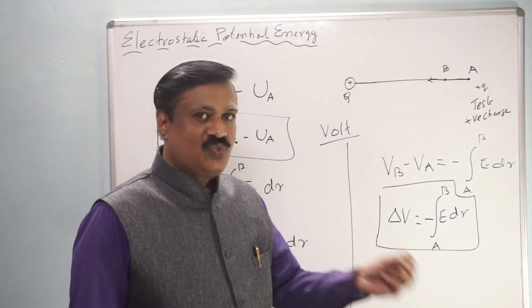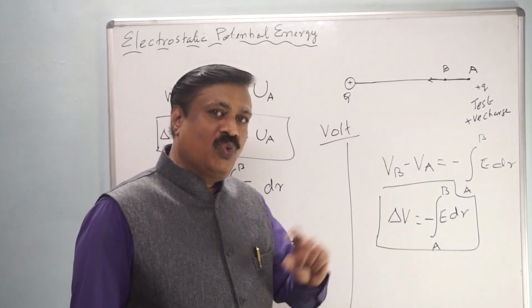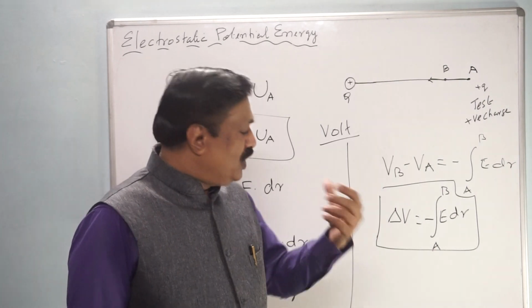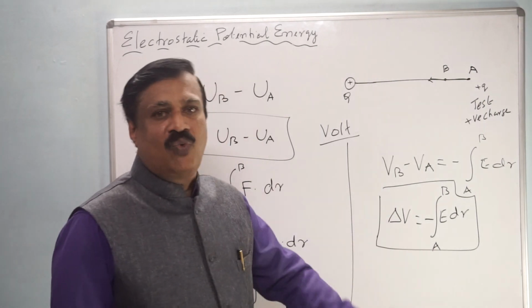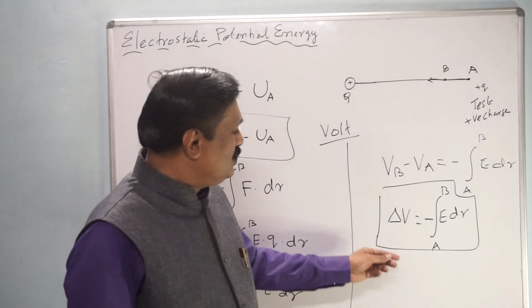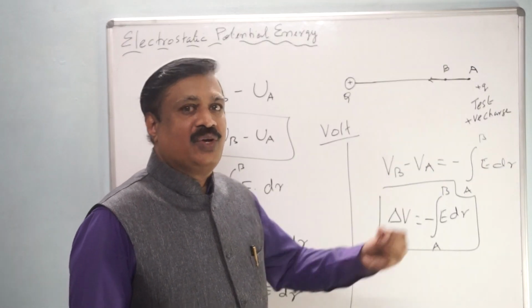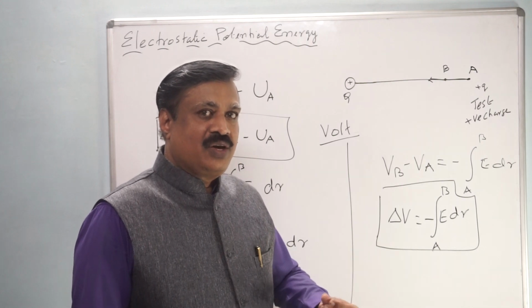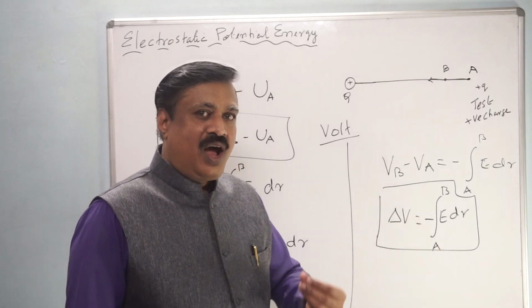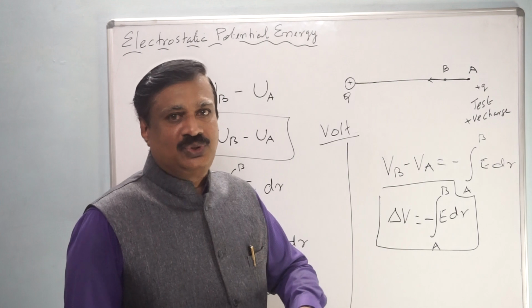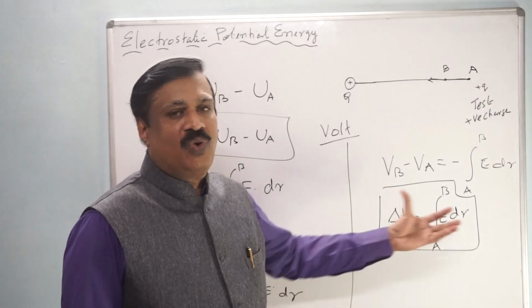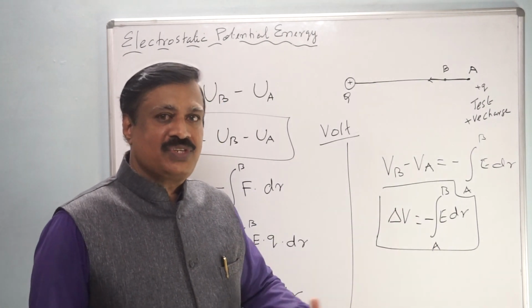The charge is 1 coulomb, work done is 1 joule, then the voltage is 1 volt. That is the way of defining this. The work done in bringing a unit positive charge from some distance, and the energy spent is 1 joule, then the voltage difference is 1 volt.